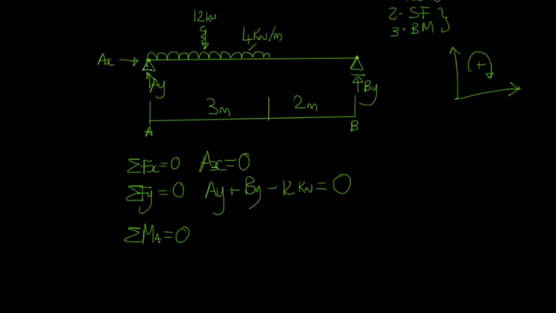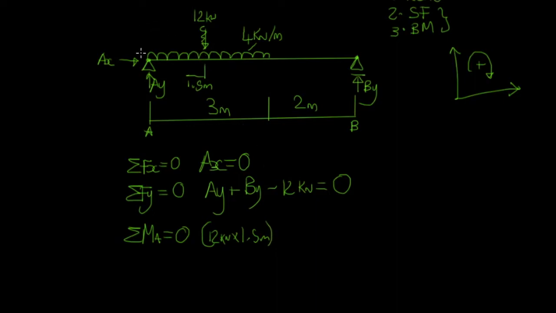If we work left to right, we've got this total 12 kilonewton force, which is acting 1.5 meters away from the support. So we're going to have 12 kilonewtons times 1.5 meters, I'll put these in brackets, and that's going to be acting positively.